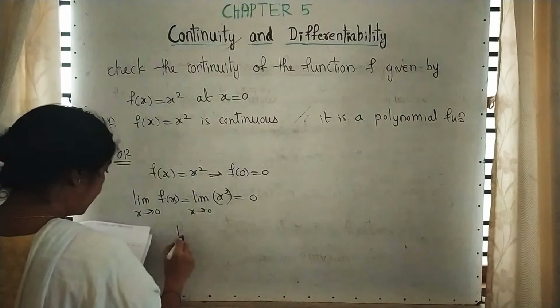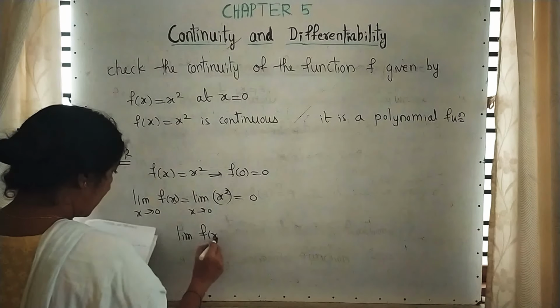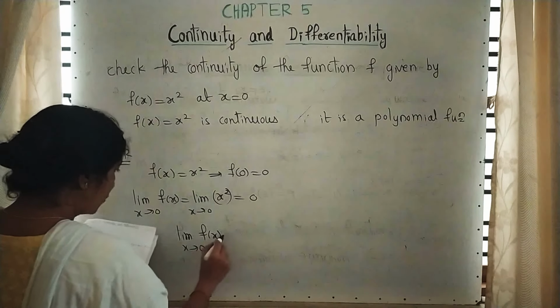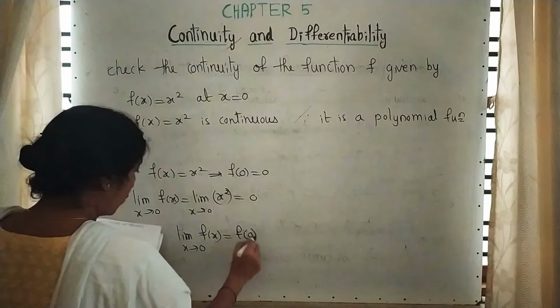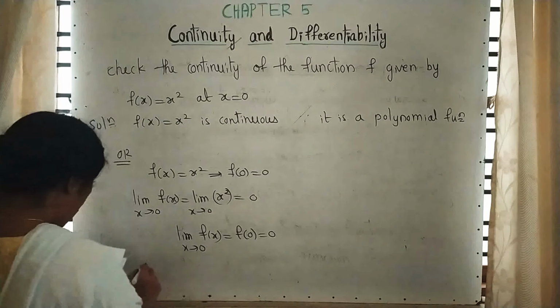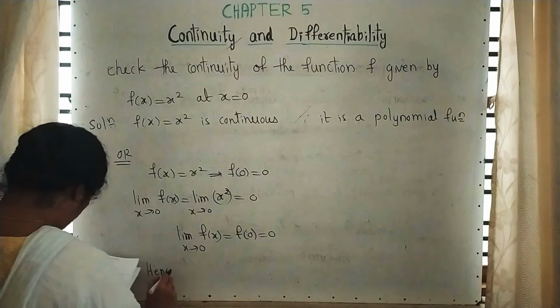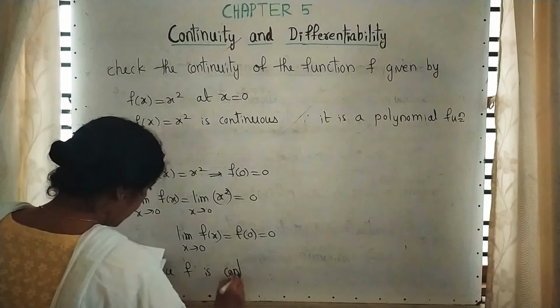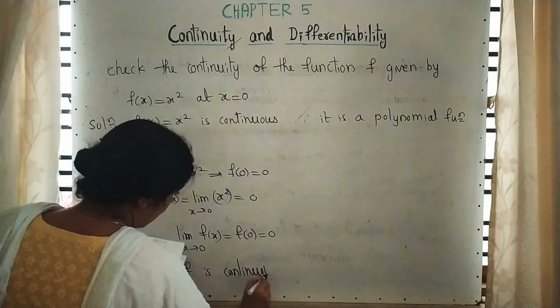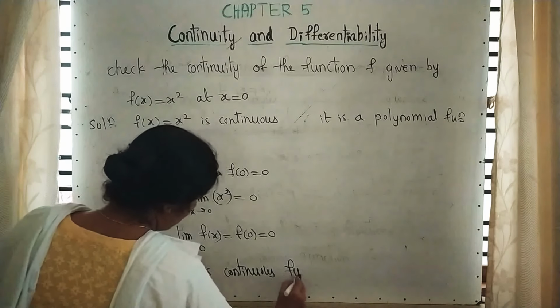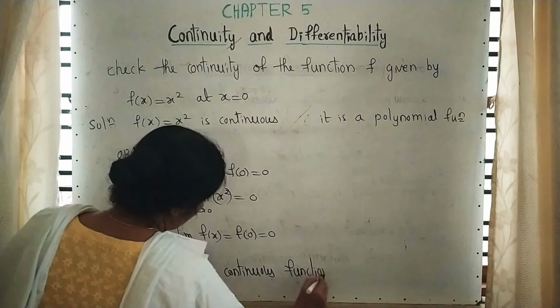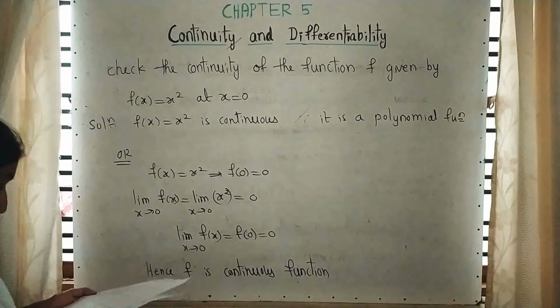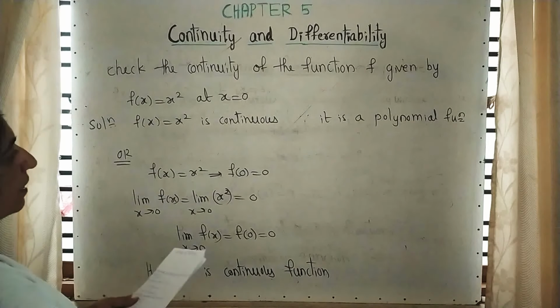See here, limit f of x as x tends to 0 is equal to f of 0. Both are equal to 0. Hence f is a continuous function. See, students, is it very simple or what? Yes, this is very simple.